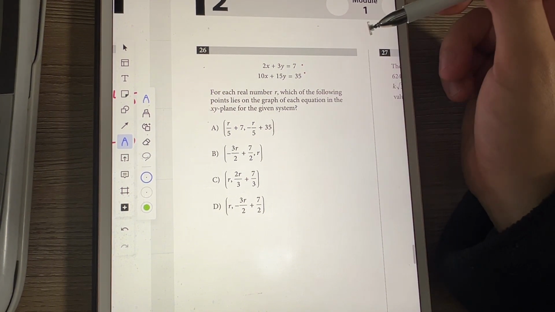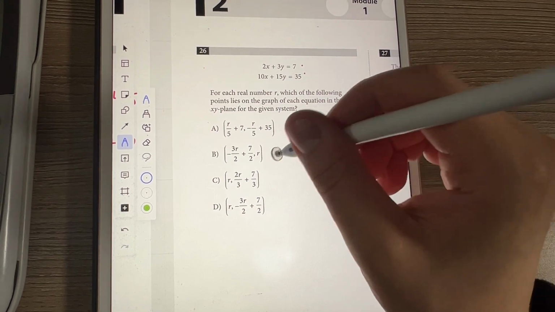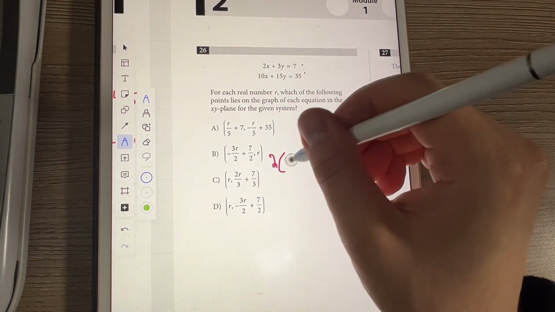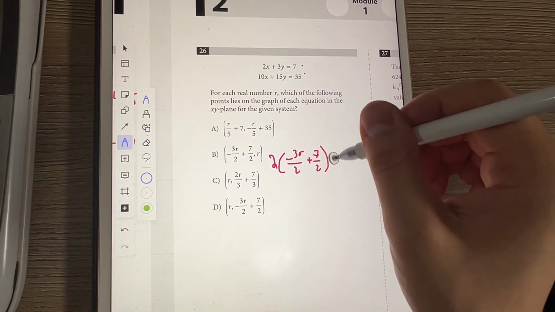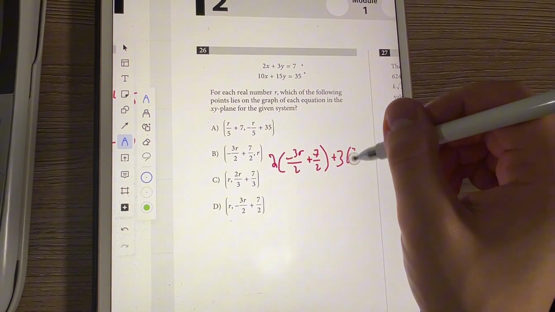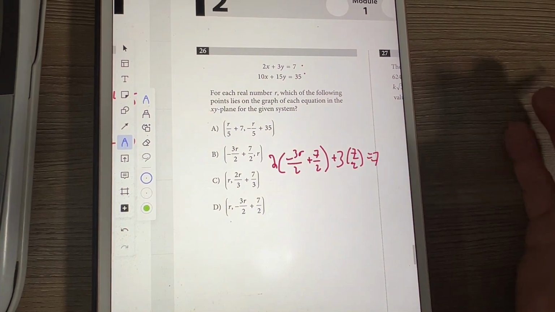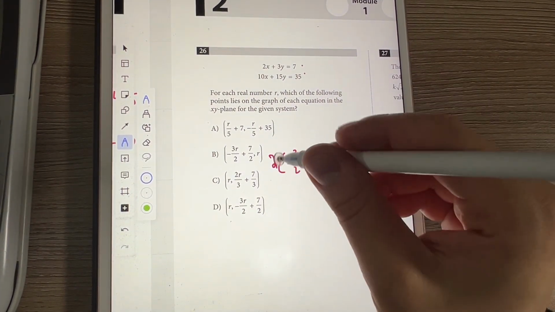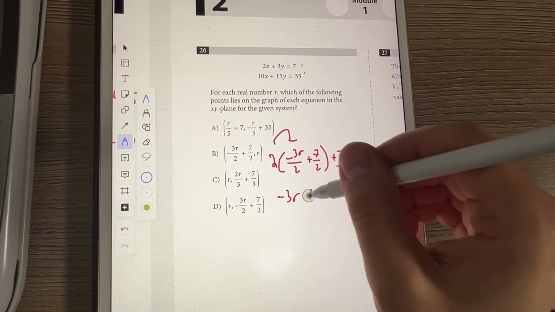Let me show you what happens when I plug in B into this top equation. So our equation is 2x, and x is negative 3r over 2 plus 7 halves, plus 3y, which is 7 halves, is equal to 7. Is this going to happen? Well, let's see. When I distribute out this 2, I'll get negative 3r plus 7.